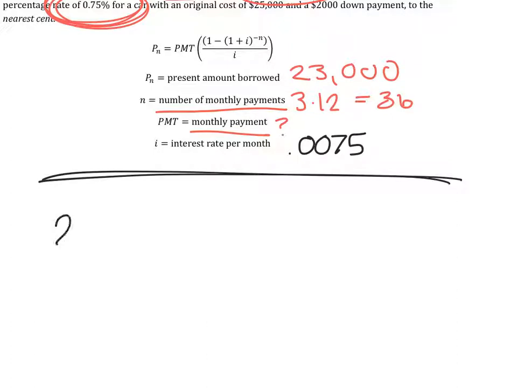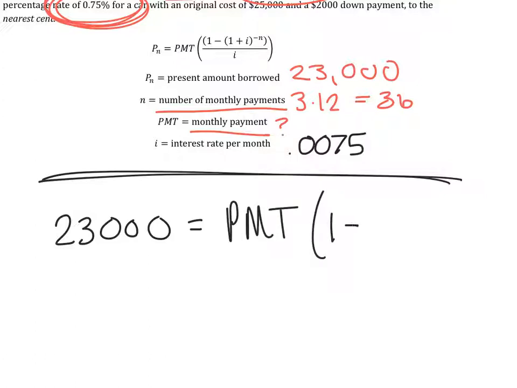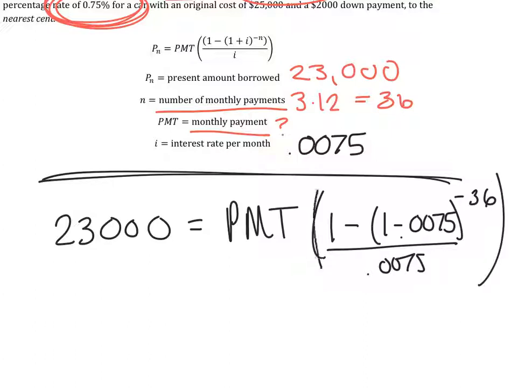So P sub n, so 23,000 equals my monthly payment, so I'm going to call that my PMT, times parenthesis, 1 minus 1.0075 to the negative 36, all over 0.0075, and close that parenthesis up.